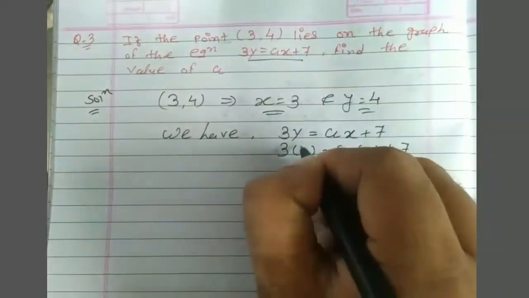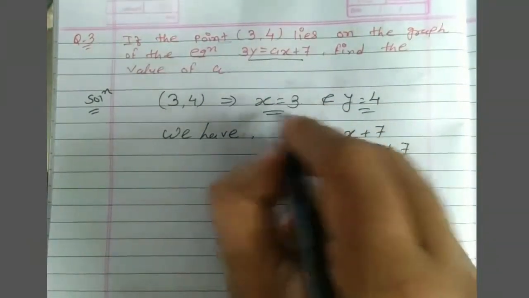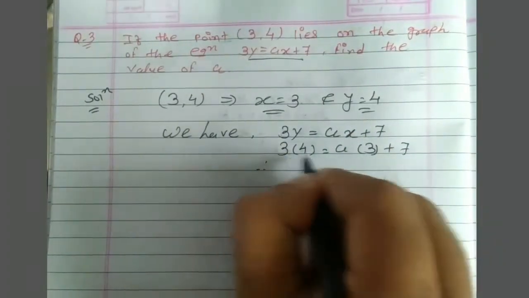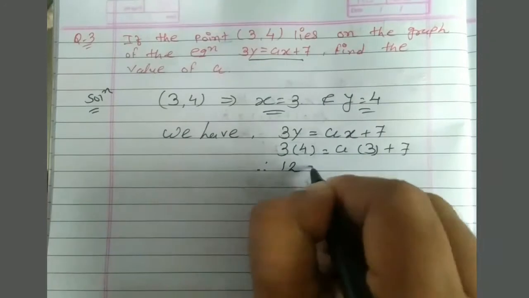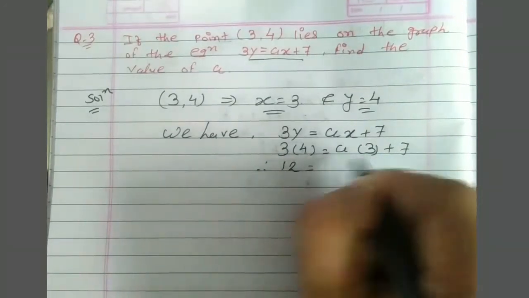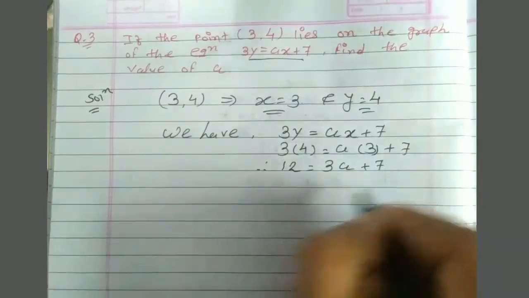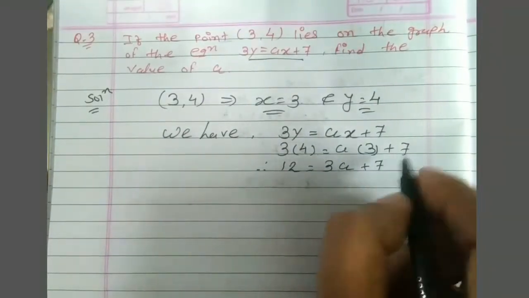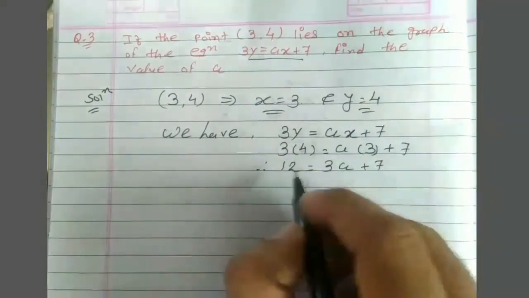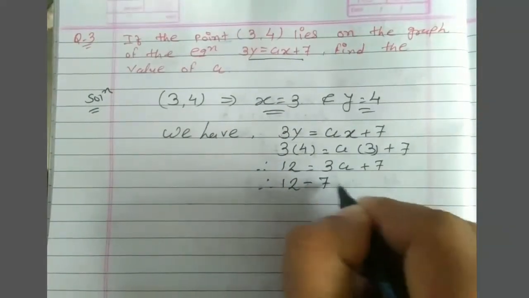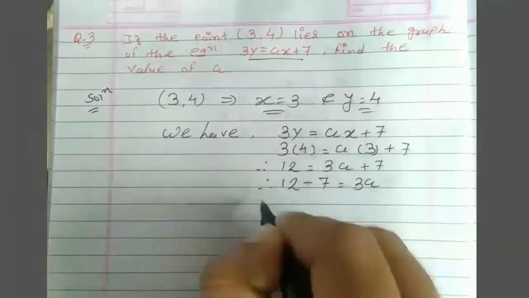So the value of y is equal to 4. The value of x is equal to 3. So we can write 3 4s are 12 equal to a into 3. That's why 3 times a plus 7. Now 7 is positive here. Okay, so on the other side we can write 12 minus 7 equal to 3 times a.